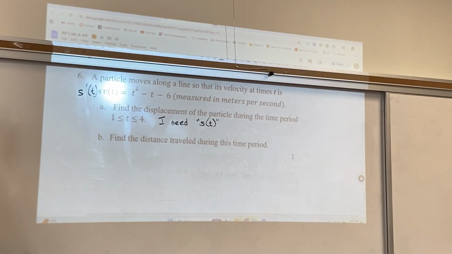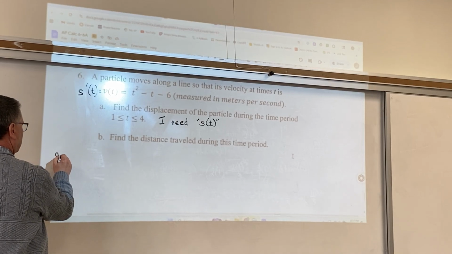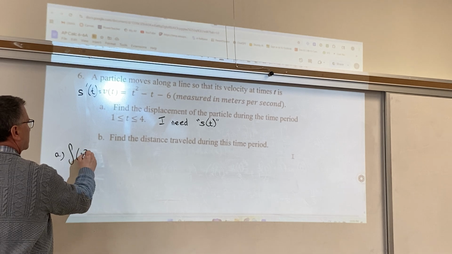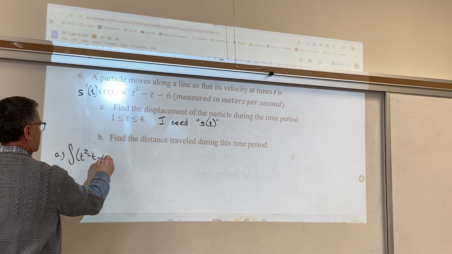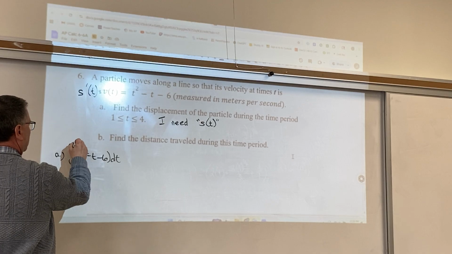Didn't say find the velocity between the two. So I'm probably going to have to take the integral of t squared minus t minus 6 dt from 1 to 4.